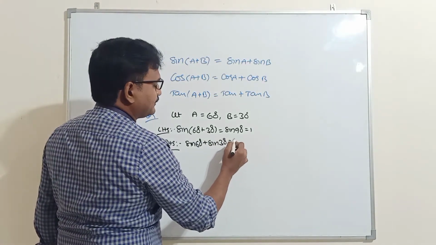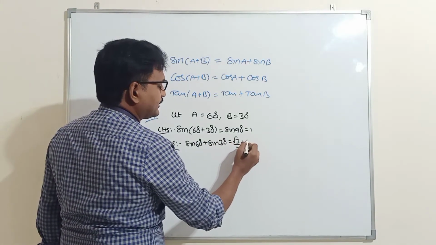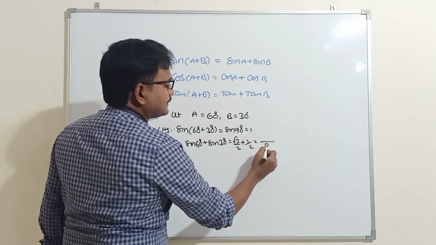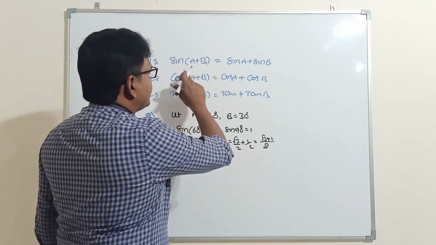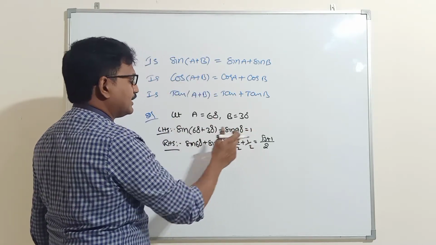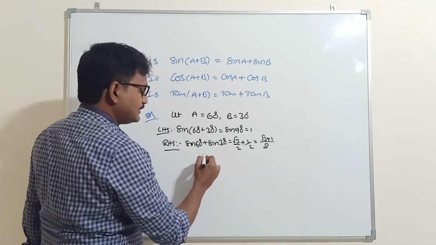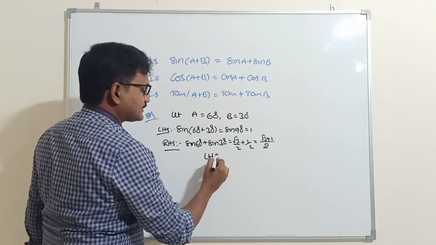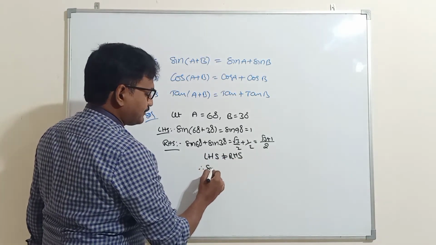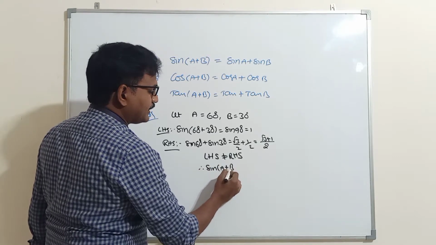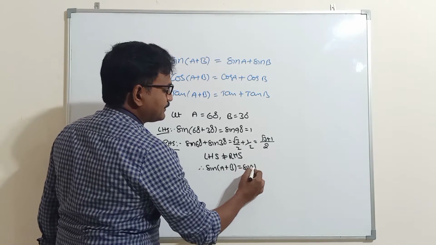Sin 60 value is root 3 by 2 plus sin 30 value 1 by 2. So LCM is 2, root 3 plus 1 by 2. So LHS we got 1. RHS we got root 3 plus 1 by 2. So LHS is not equal to RHS. Therefore sin of a plus b is not equal to sin a plus sin b.